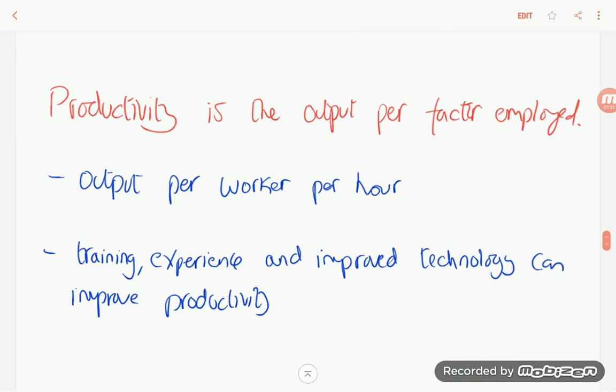Productivity is the output per factor employed. Productivity is a way of measuring how efficient a company or an economy is at producing its output. It's defined as output per unit of input employed. So one company could take the same amount of inputs as another company but produce more stuff. Their productivity would be greater.